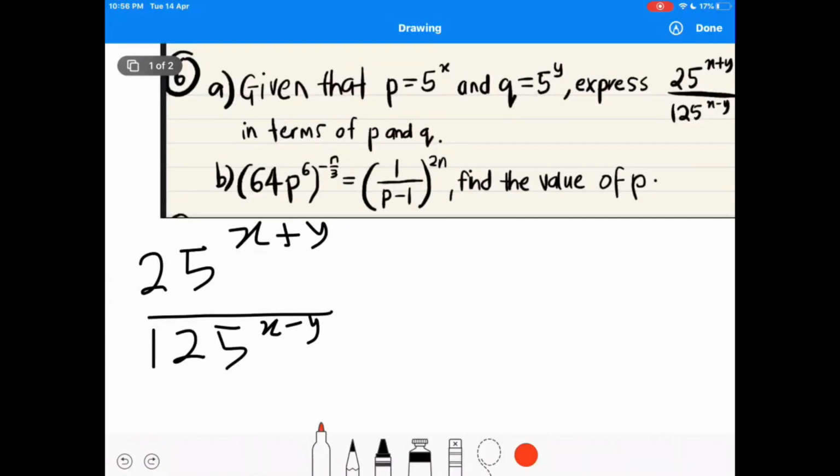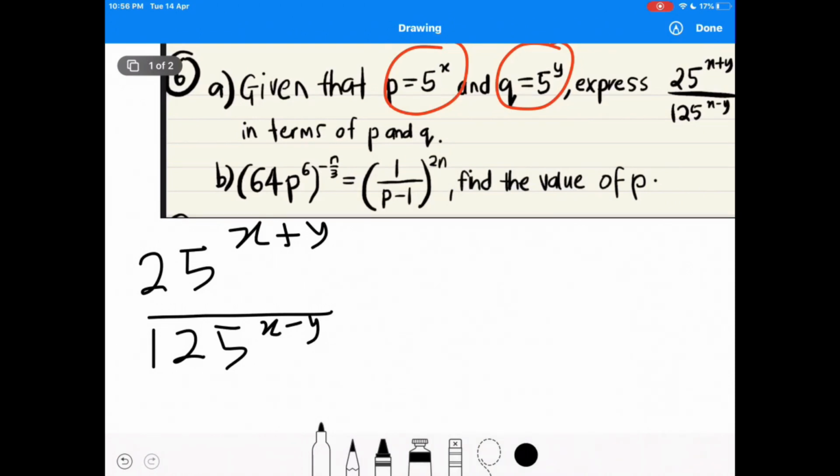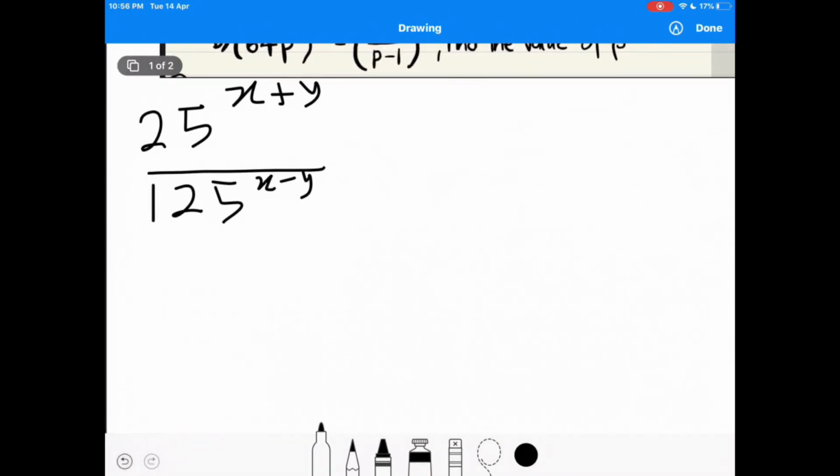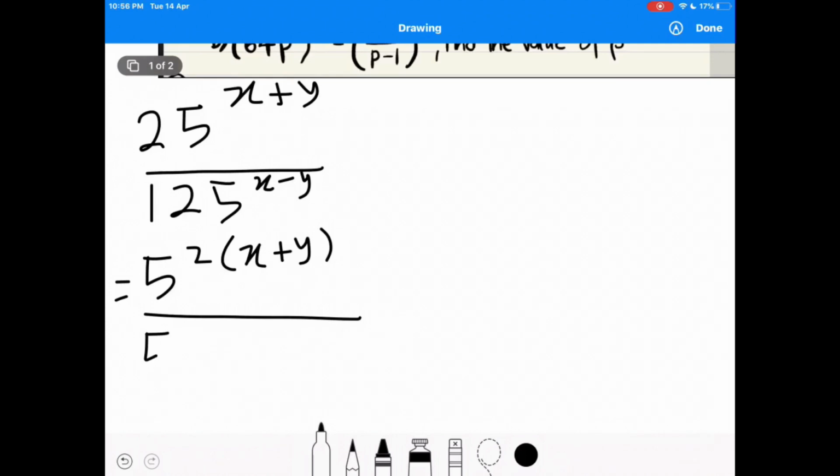Okay, so for the first question, which is 6a, highlight the point which is p equals 5 to the power of x and q equals 5 to the power of y. Then convert 25 and 125 into index form and solve it.